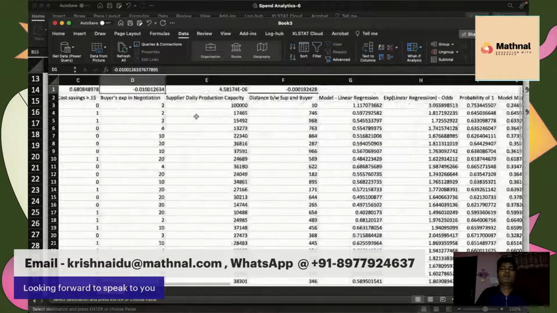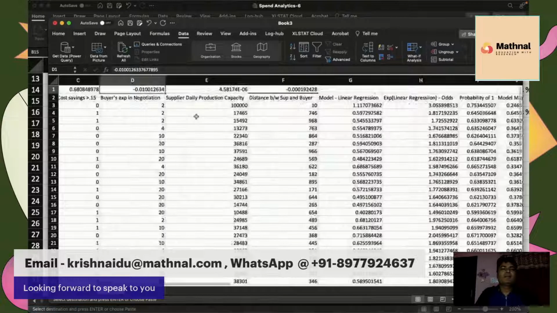Okay, now let's see. So right now my buyer's experience is 10 years. If I make it 15 years, what happens? The probability of 1 means the cost savings, whether the cost savings is going to be more than 15%, is going up, 0.436.